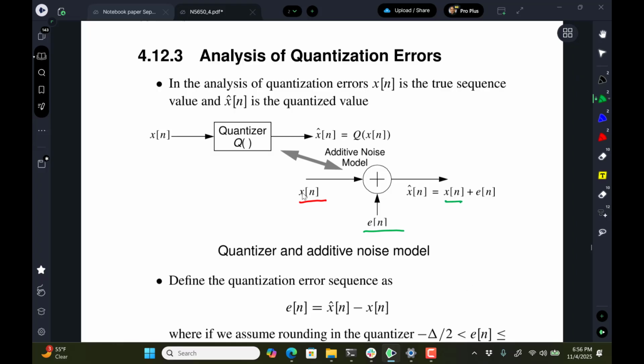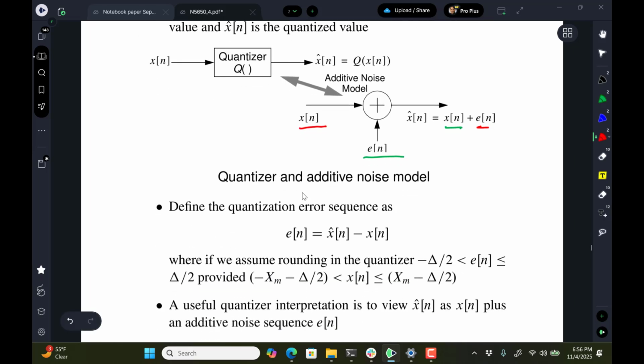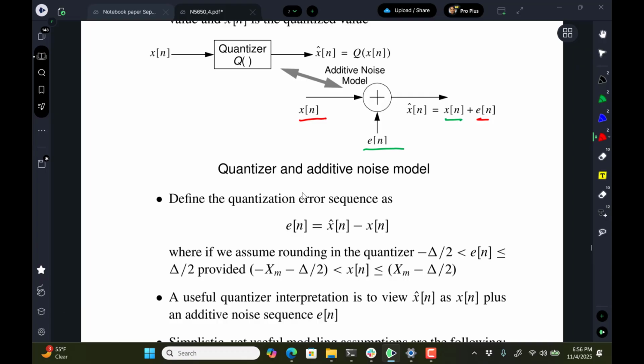So it's an additive noise model for the quantizer. And if you were building a numerical quantizer, which I have in Python, which you'll be using, it will form this error, but it will be time varying. It will change with every signal sample.